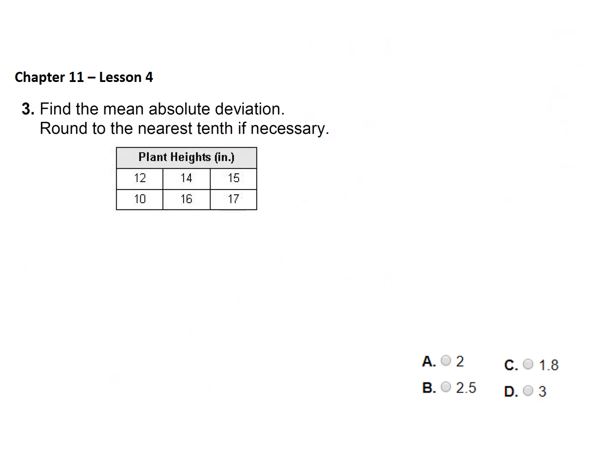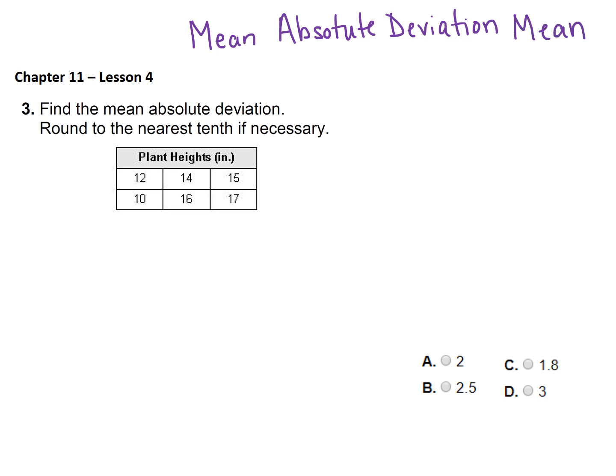Find the mean absolute deviation, rounds to the nearest tenth if necessary. So now I would like to say find the mean absolute deviation, and then I add another mean here, okay? And I work backwards.